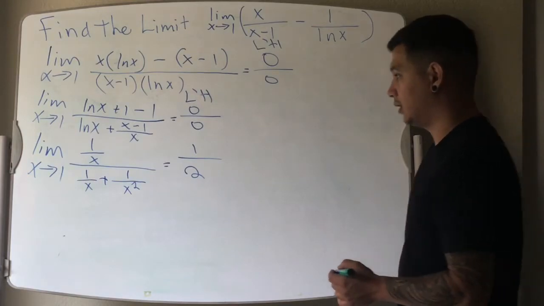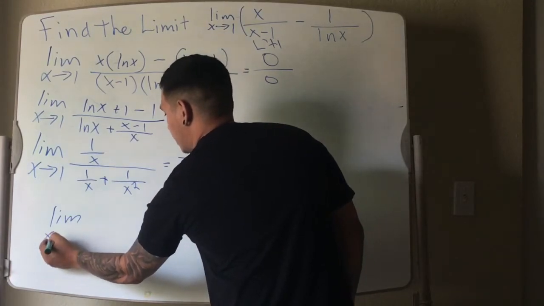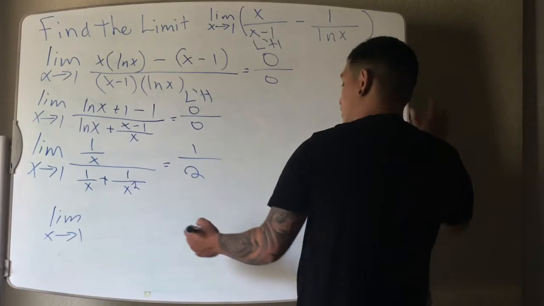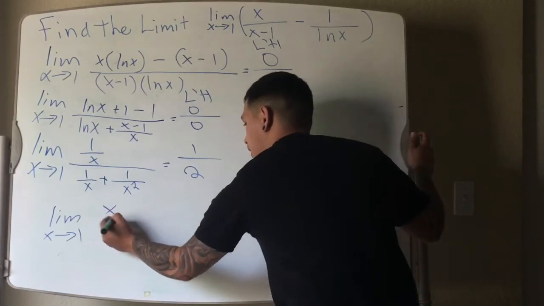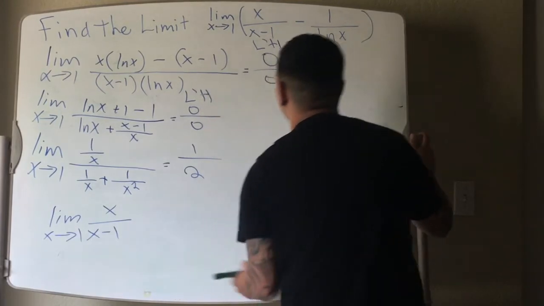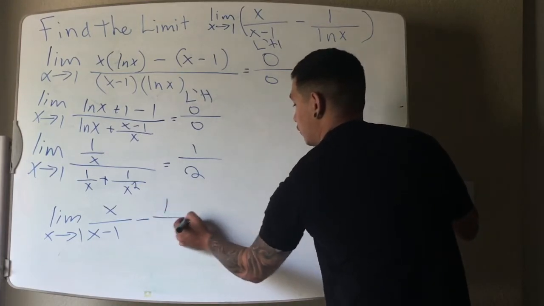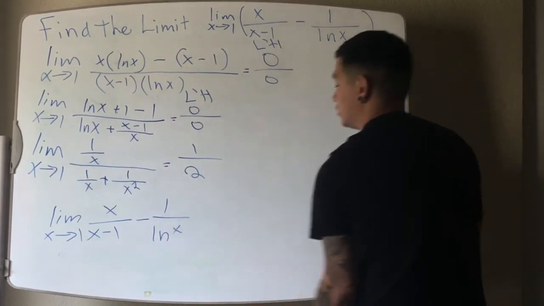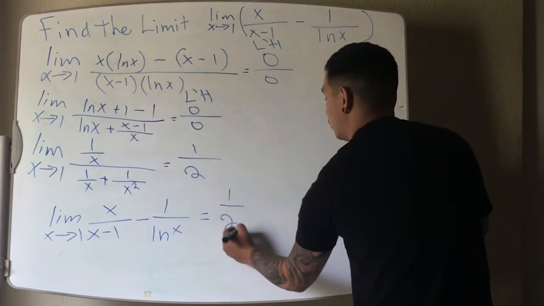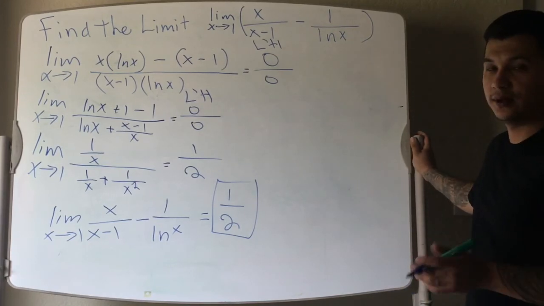So the limit as x approaches 1 of this function x over x minus 1 minus 1 over ln x is equal to 1/2. And there you have it. Hopefully that wasn't too difficult.